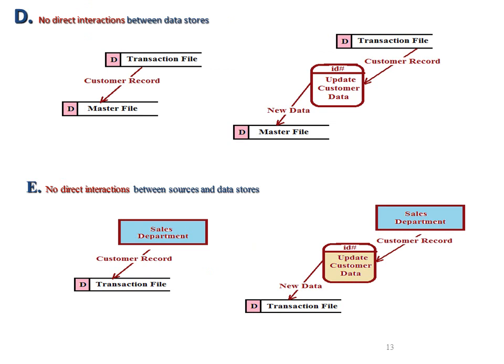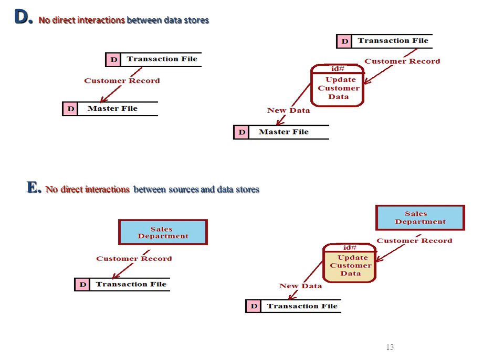D, no direct interactions between data stores, which means we can't draw an arrow between data stores. If we need to transfer data from one data store to another data store, it should be done by a process. E, no direct interactions between sources and data stores. This is the same as D, which means we can't transfer any kind of data directly between entities and data stores.